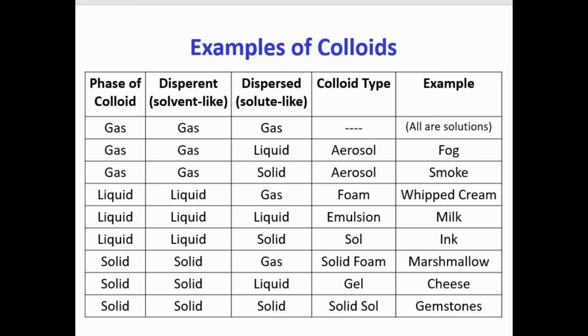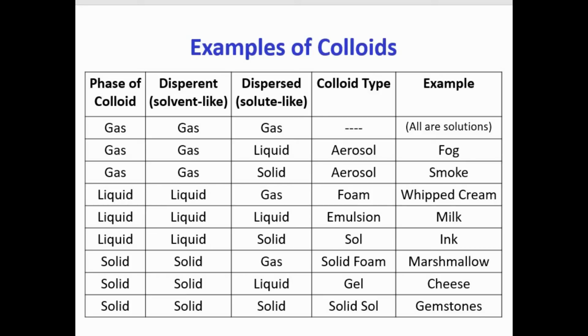But we can have a gas with liquid particles dispersed in it. We would call that an aerosol, and that might be something like a fog. If we have a gas with solids dispersed in it, we still call it an aerosol, but that would be more like smoke in the air. We could have our dispersant be a liquid, and in that have some gas.